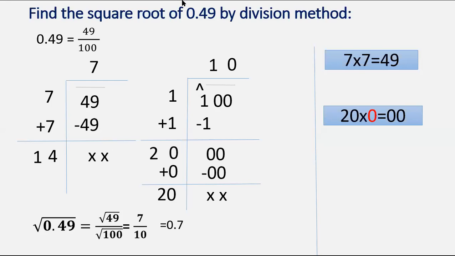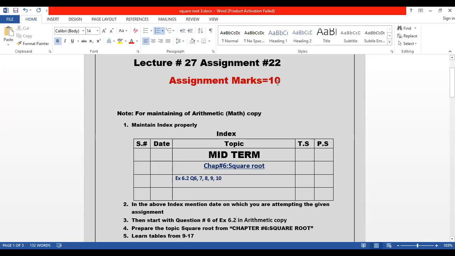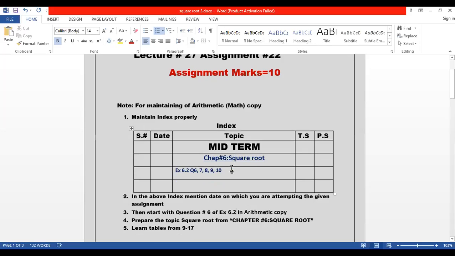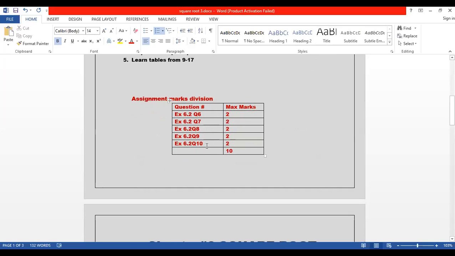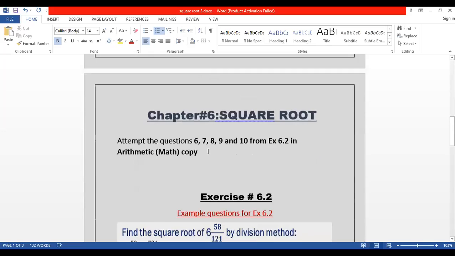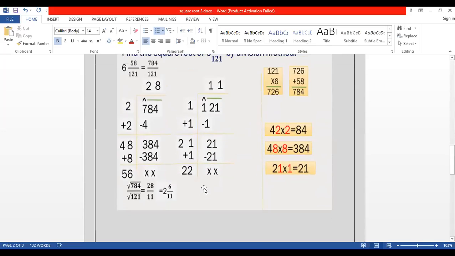Now students, here let me show you your today's assignment. This is assignment number 22. You have to submit it in your arithmetic copy, and bring your arithmetic copy with complete work by tomorrow. Questions 6, 7, 8, 9, 10 of exercise 6.2. Here are the example questions for you.